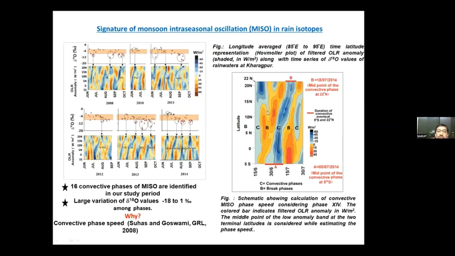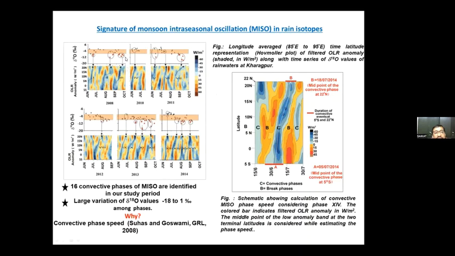This is the OLR anomaly that we have plotted here. OLR is basically an indication of the convection. One can see how the convection takes place over the Bay of Bengal and how it propagates from 5 degrees south to a coastal location at 20 degrees north.